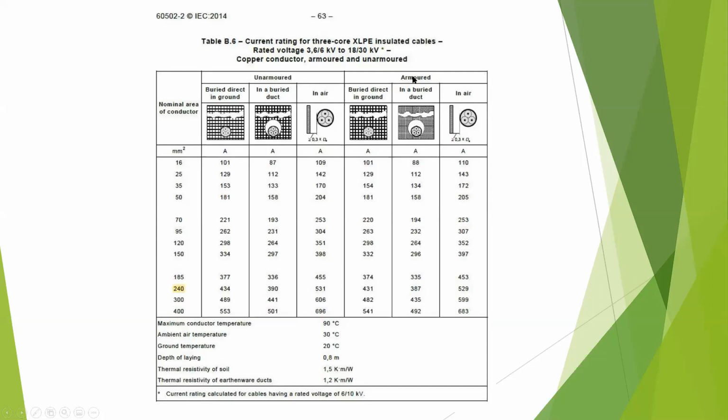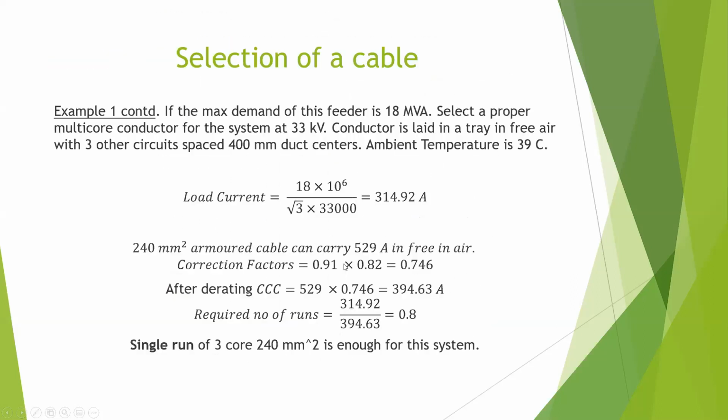Here I am taking armored cable, so 529 in air. You multiply that by the correction factors and get the derated rating of the conductor. So in this installation, this 240 millimeter square cable can only carry 394.63 amps. So it is enough for the load current.